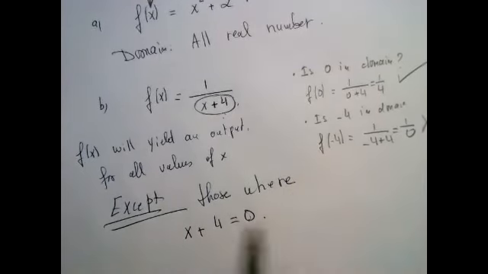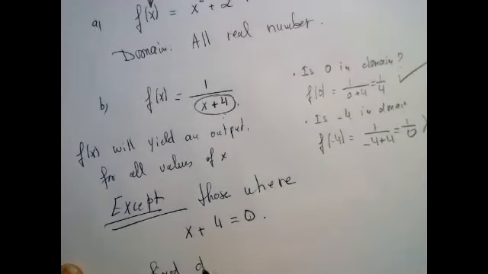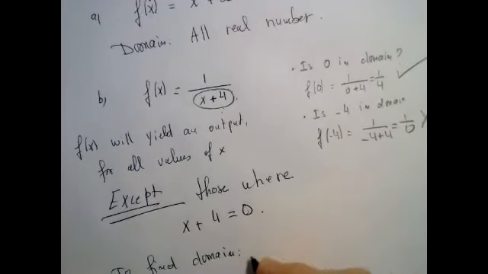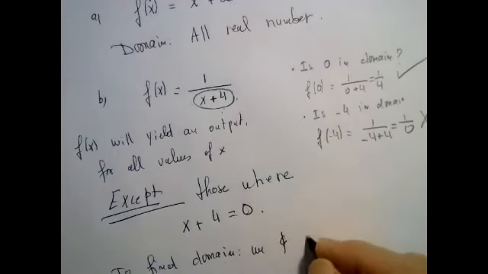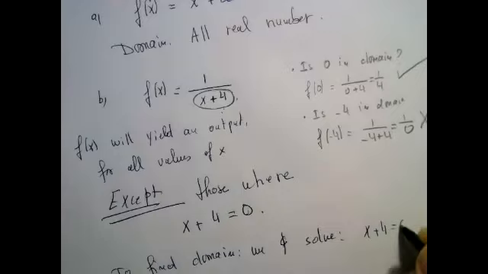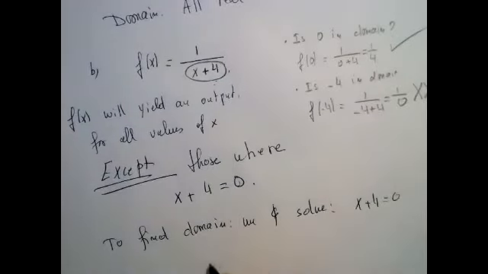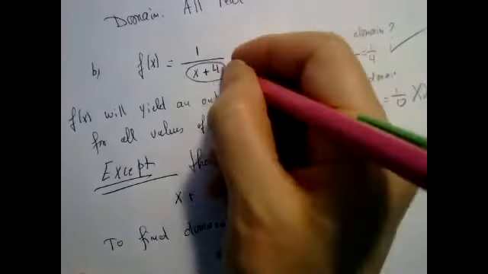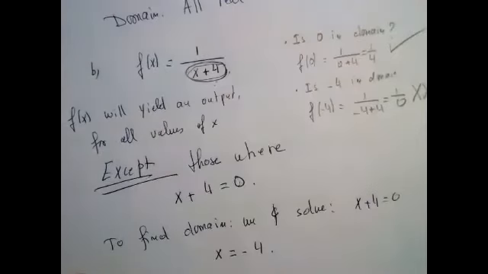So now to find the domain in this problem, basically we solve x plus 4 equal to 0, and that's going to give me x equal -4. To find the domain, we ask ourselves, which values of x make this 0?